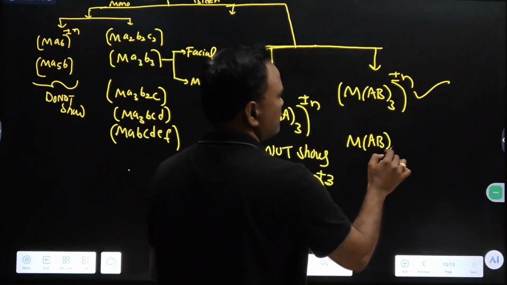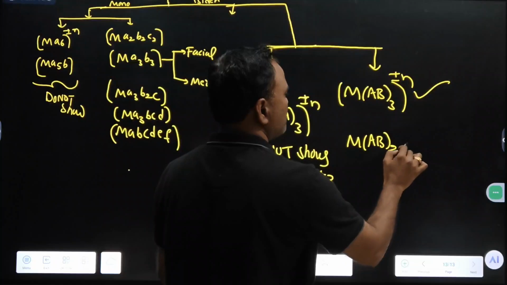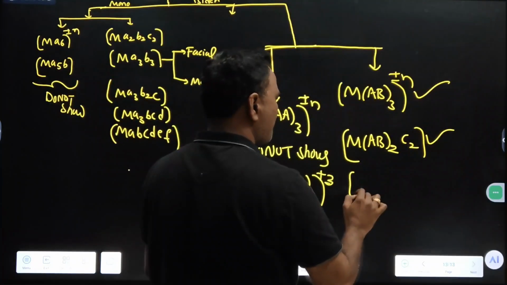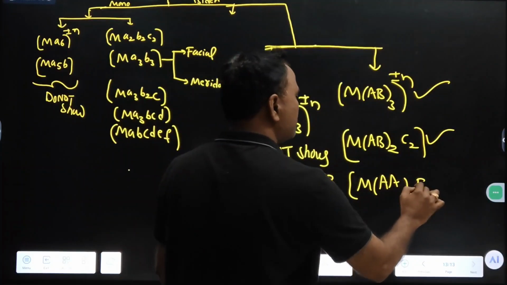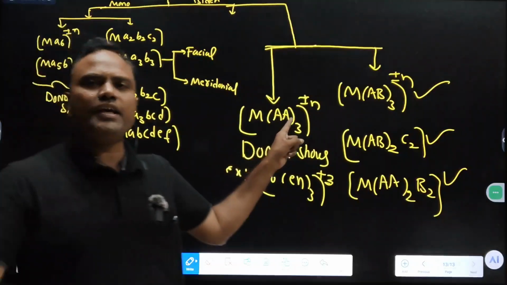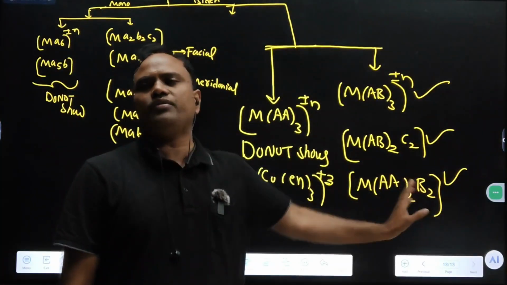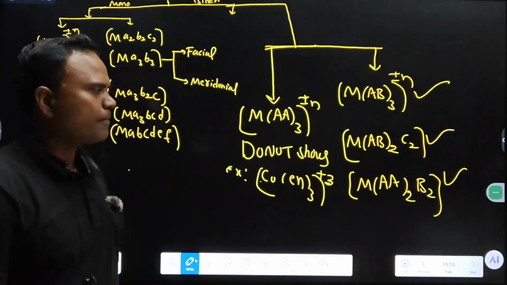MAB taken twice C2 shows. MAA taken twice B2, very important model. See, MAA taken thrice do not show, but MAA twice B2 type will show. Clear?